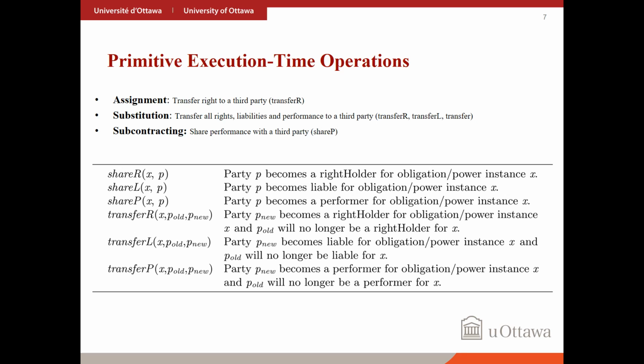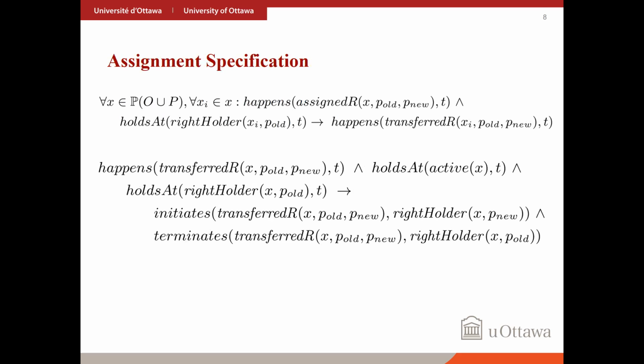We have defined 6 primitive contract execution time operations. These operations are initiated by an event with a corresponding name such as shared R. These two axioms specify the right assignment.